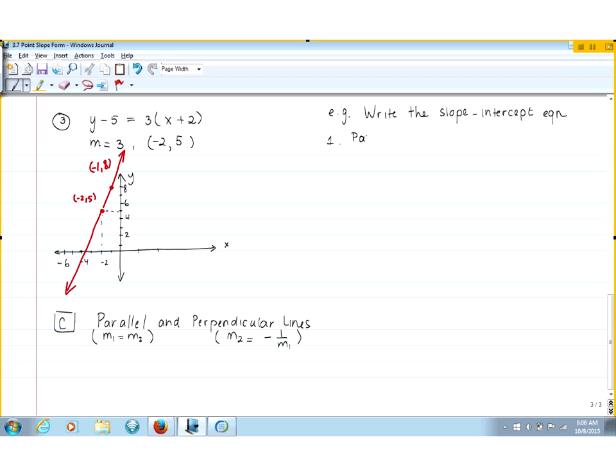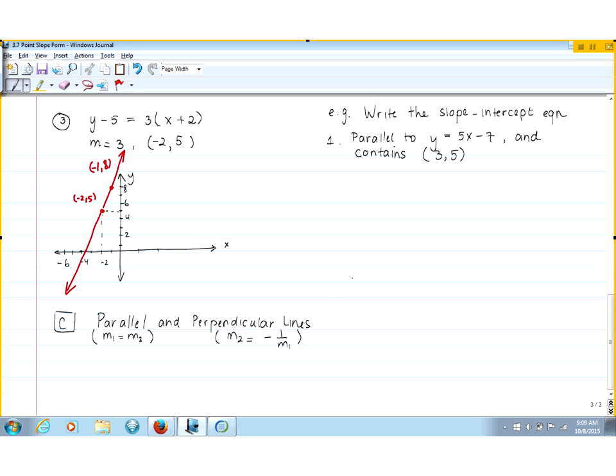Parallel to y is equal to 5x minus 7 and contains, maybe better, right? And contains 3, 5. Okay. So we might have fractions here.